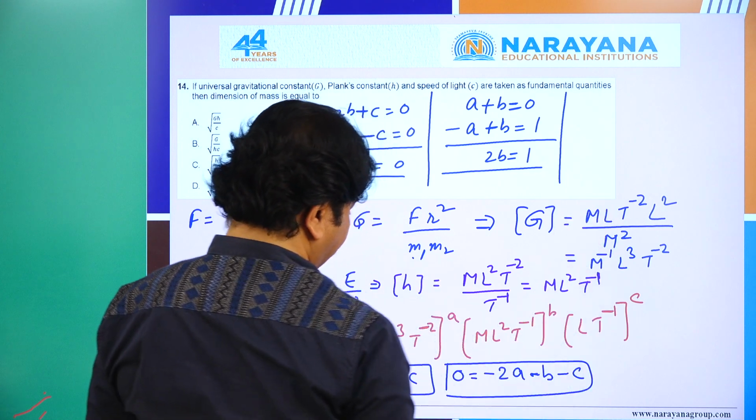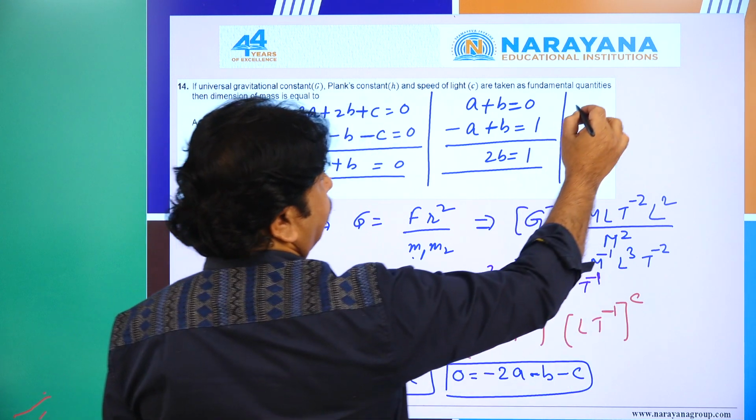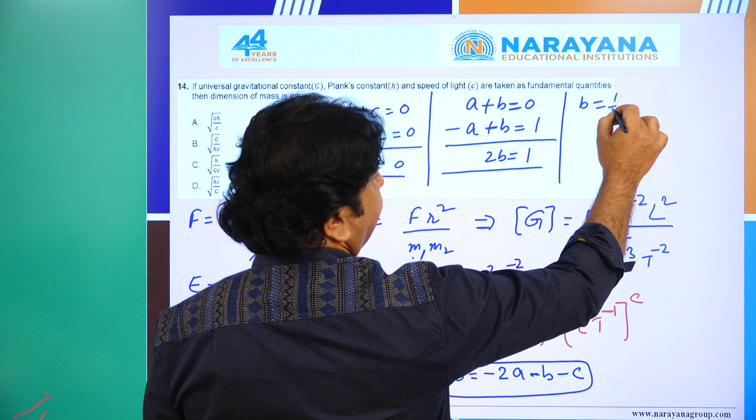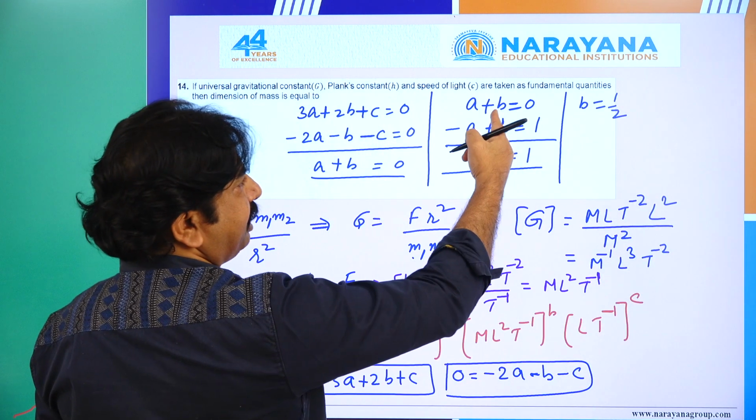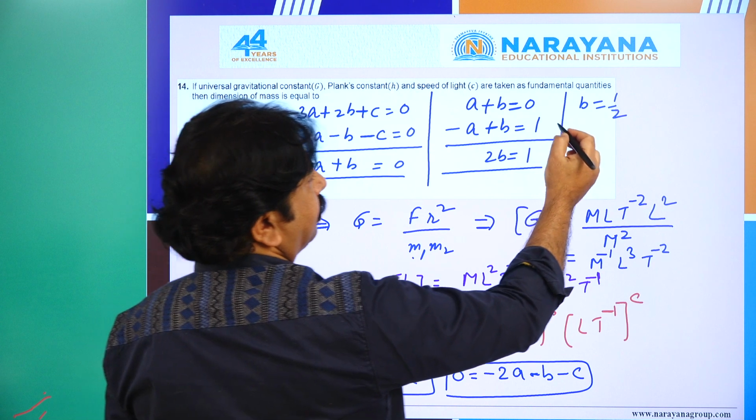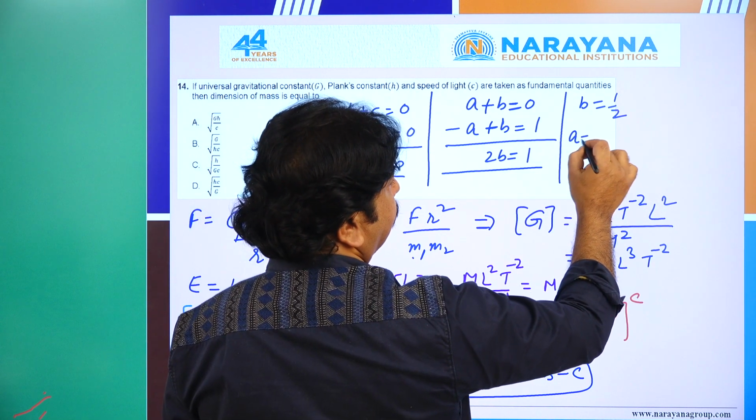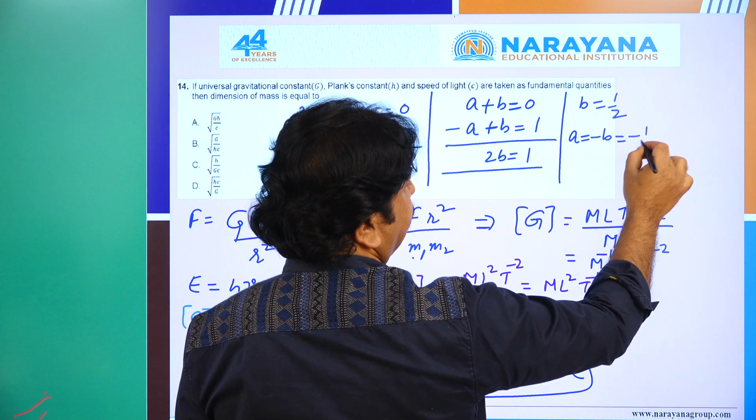Therefore we can write one by one final values. b is equal to 1 by 2. As b is equal to 1 by 2, a is equal to minus b, so that is equal to minus 1 by 2.